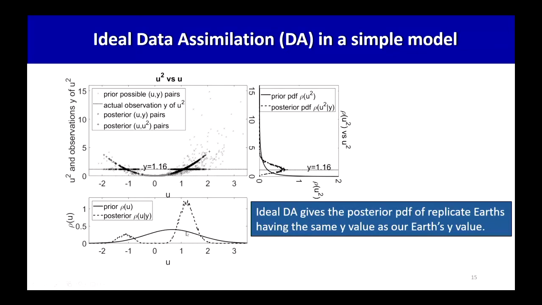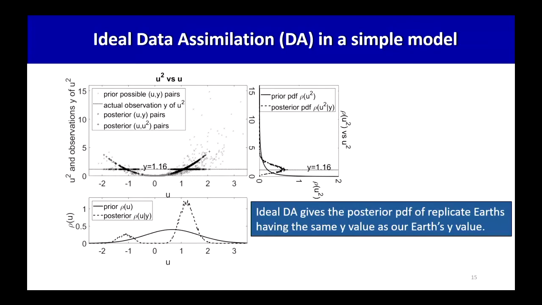So if I plotted the density of the replicate Earths that gave an observed value of 1.16, I'd see two humps, a hump here and a hump there. Is that clear? So that's ideal data assimilation. That's what we're trying to do. That's just it. It's that thought experiment.